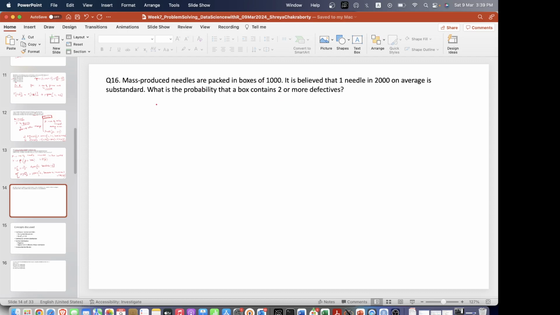So here you see the maximum number of defects can be 1000, so there is a cap. If I say X is the number of defects in a box of 1000 needles.